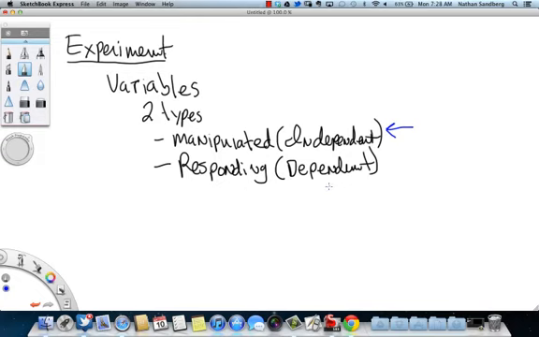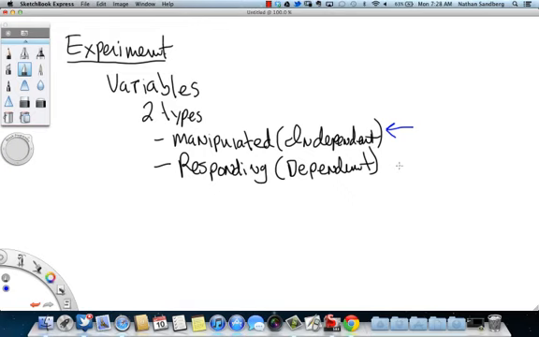Maybe you change the temperature, maybe you change how long a plant sits in the sun, maybe you change how much of a chemical you add to a mixture. Whatever you purposely change is known as the manipulated variable.